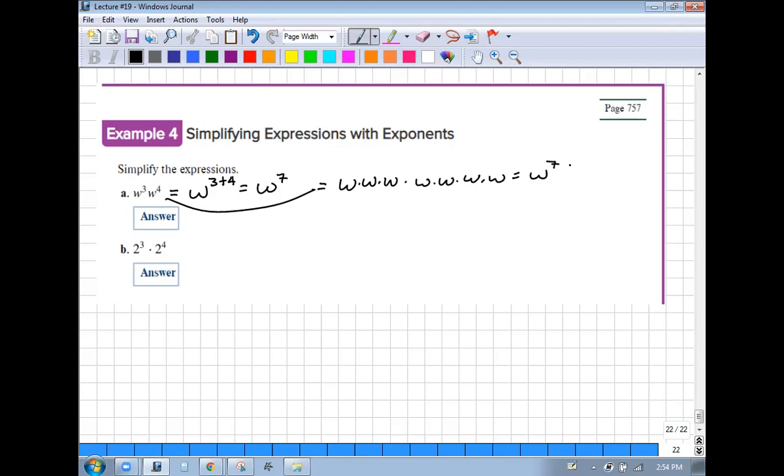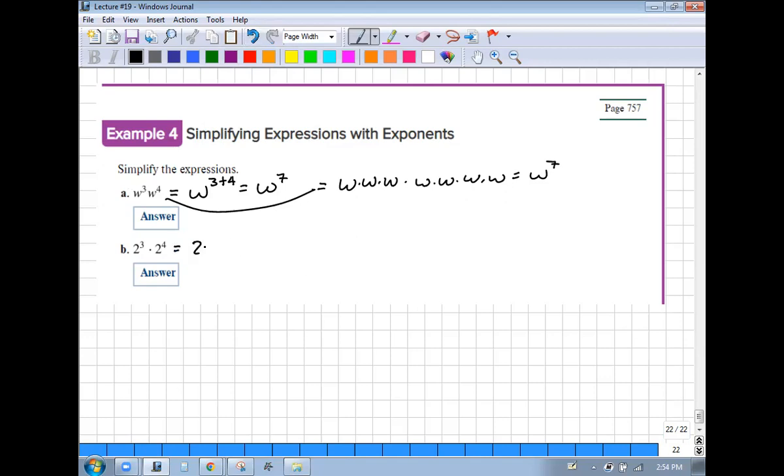So you have 7 w's. Even if you don't remember this rule, but all you remember is that an exponent means multiply that thing by itself that many times, you still get the right answer. So all these rules that are popping up are direct consequences of simply knowing the definition of an exponent.